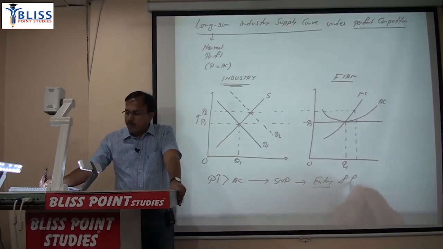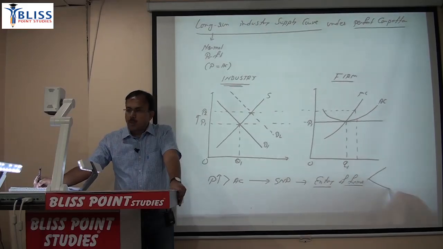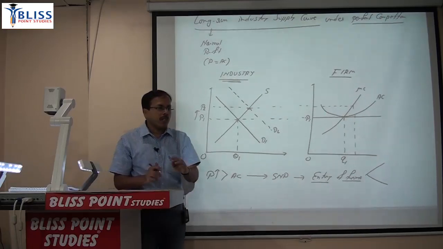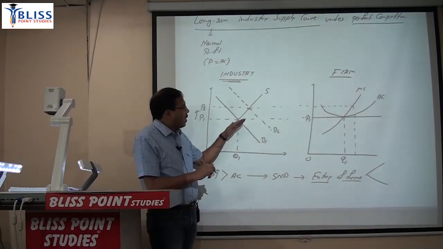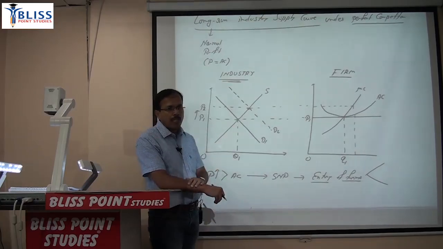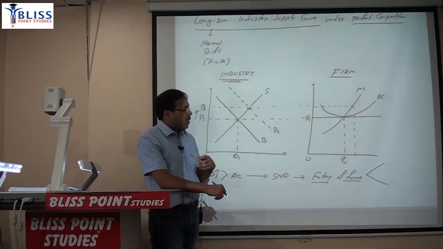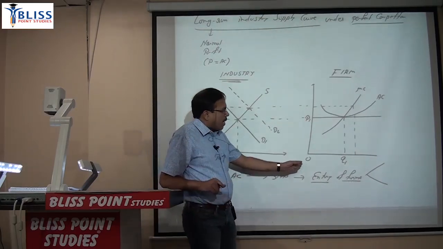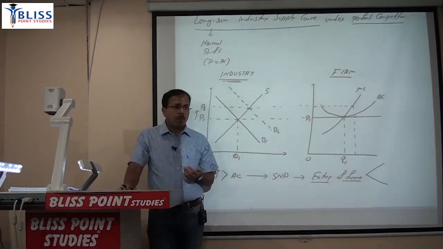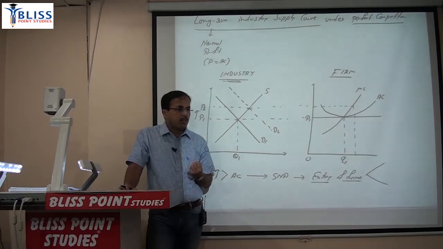Due to that supernormal profit, there will be entry of firms. Now as firms will enter, two things will occur. First, as more firms will enter, it will shift the supply curve to the right because there are more firms in the market. But now think, when firms enter the market, they have entered to produce goods, but before producing goods they require input.